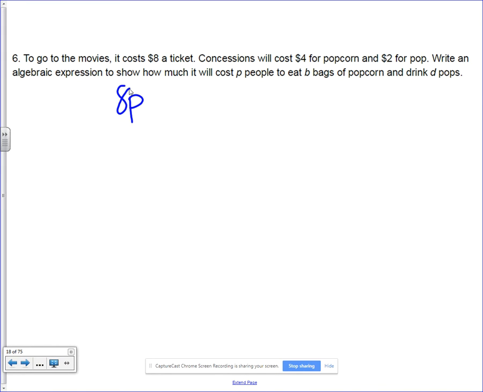How many bags of popcorn are we buying? I'm not buying any. I don't know how many, right? B for bags of popcorn. You're saying 4B. And how about the drinks? 2D. I don't know about you guys, but I want to go to this movie theater. That seems pretty cheap. Oh, I did put a P again for pop, but they told me to use D for drinks.